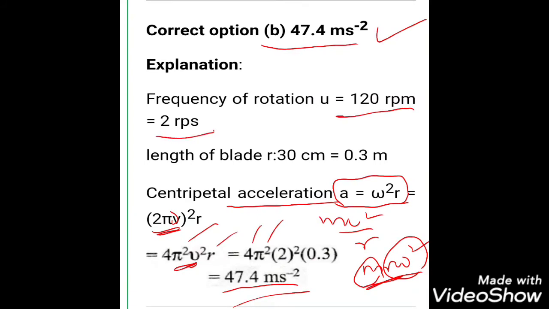So per minute 120 means per second we will get 2 rotations per second. You are converting into seconds. So you substitute the given values, the frequency you have substituted, and also the r value they have given, 30 centimeter, means 0.3 meter. So if you multiply all these values, 47.4 meter per second square is the correct answer.